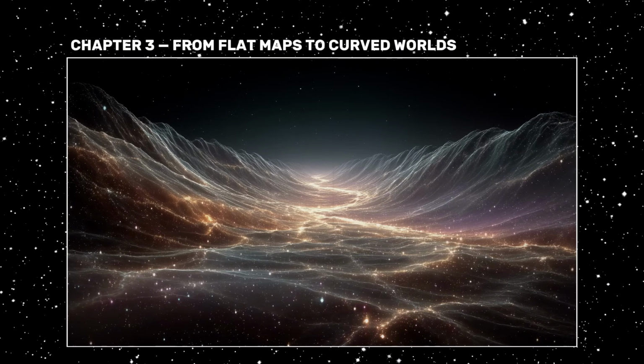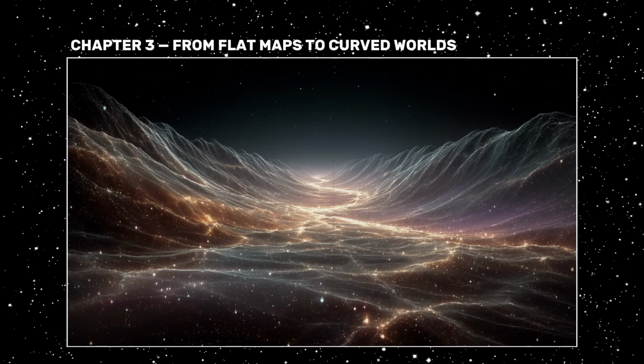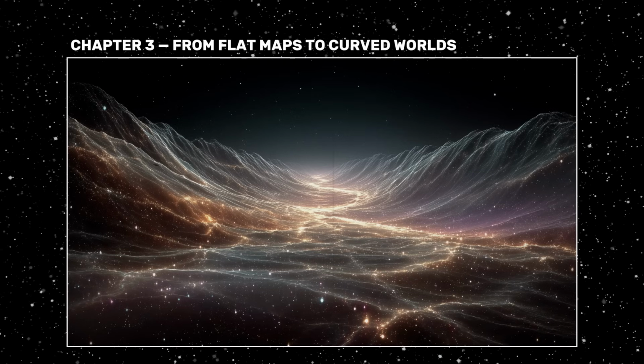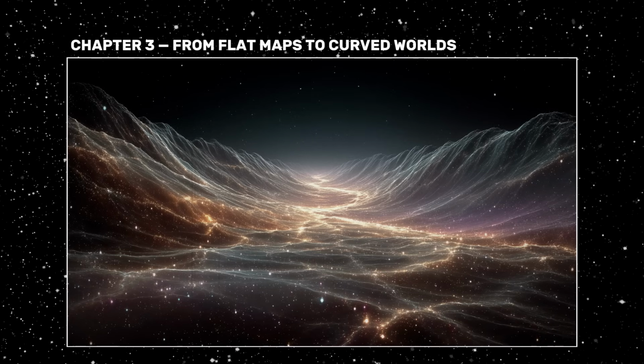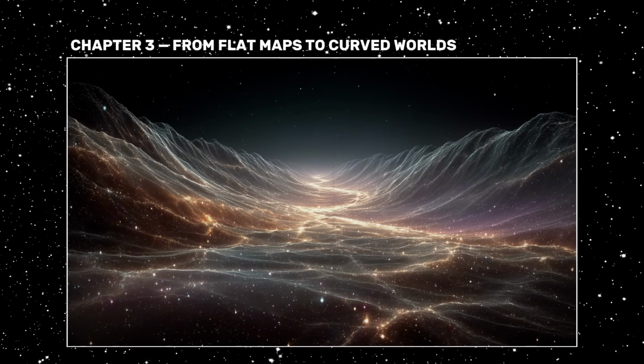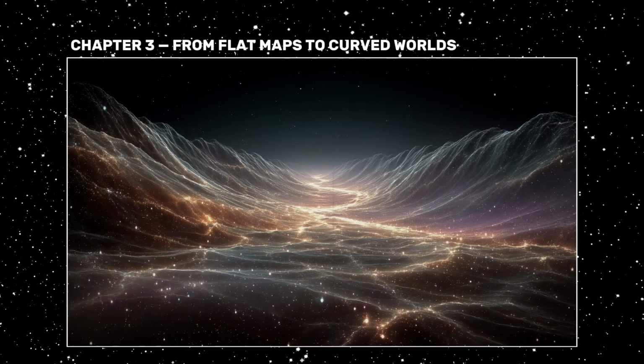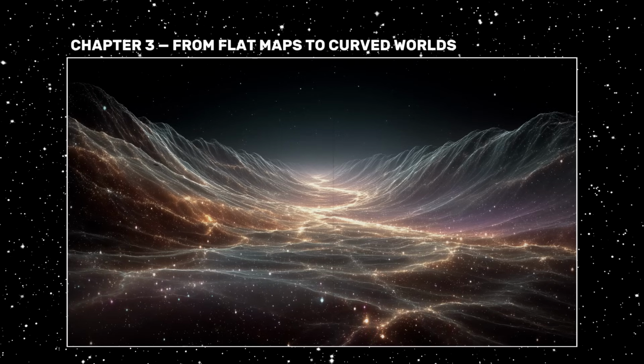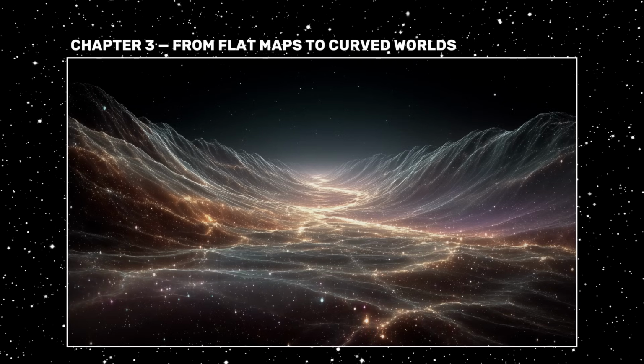To learn to see beyond the flat is to accept that reality is richer, stranger, and more complex than first appearances suggest. And yet in that complexity lies beauty, a universe that bends, twists, and curves, but remains comprehensible to minds willing to follow its paths.